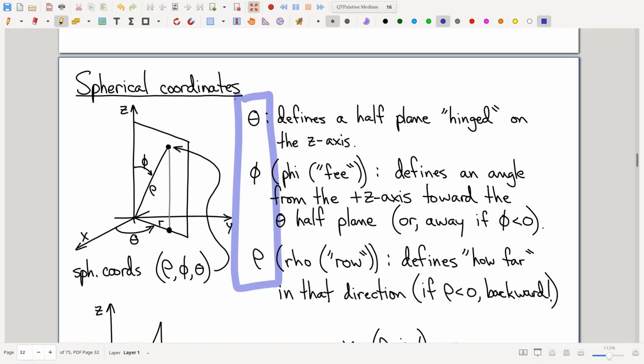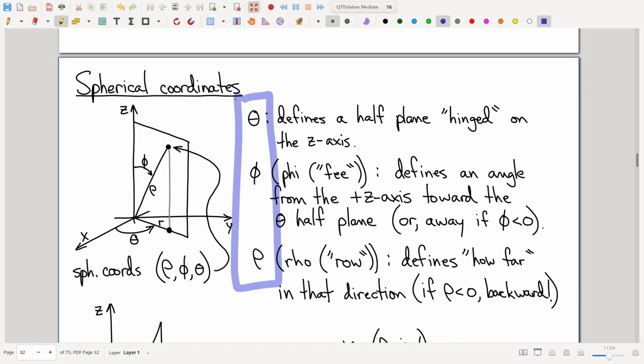And, oh gosh, the history on this is debatable. But in many cases, physics classes in particular will not call this rho, they will call it R. Which begs the question, then what do they call this thing that we call R?